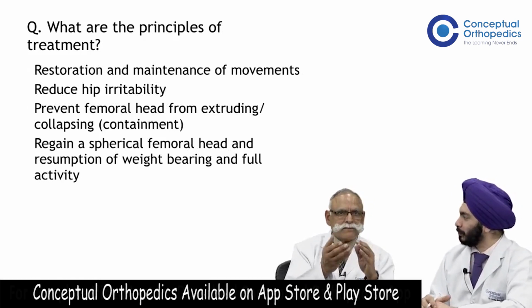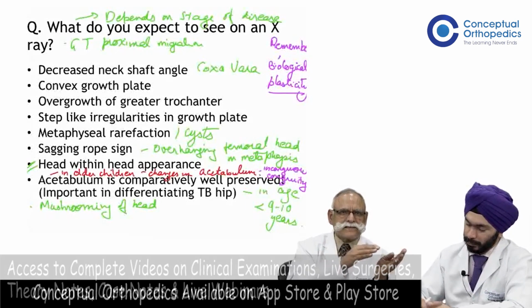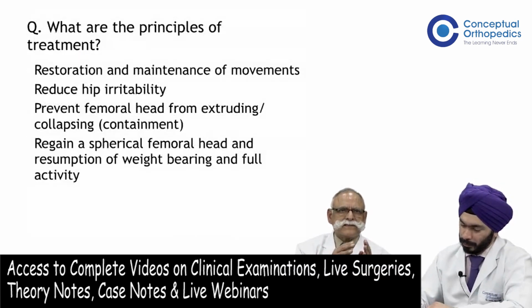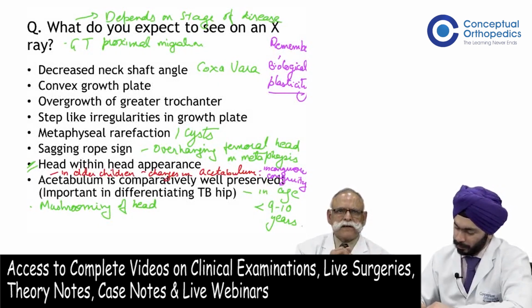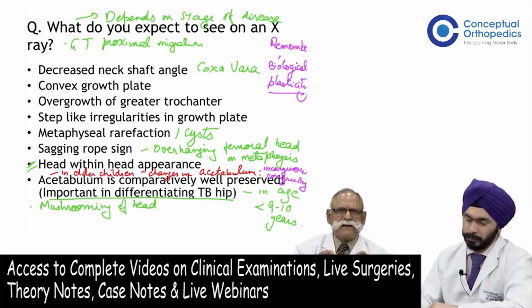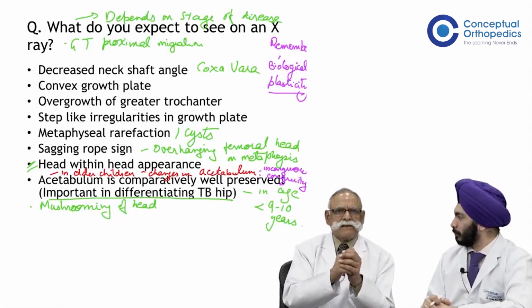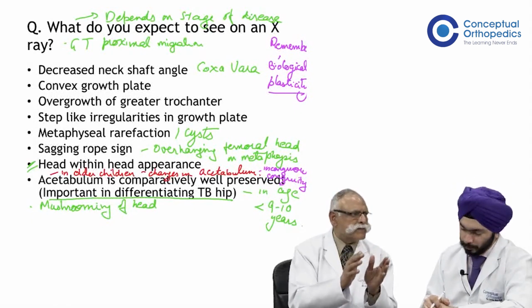So one of the distinguishing features is that in the early stages of Perthes disease and in the early age group, the acetabulum remains well preserved.